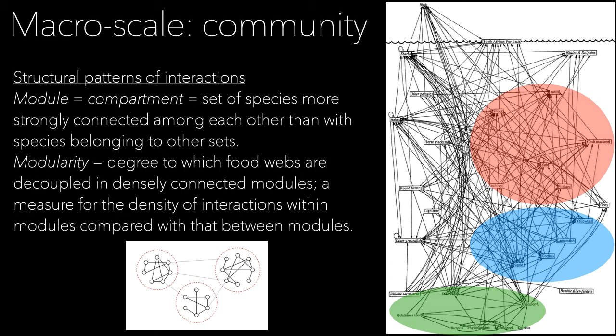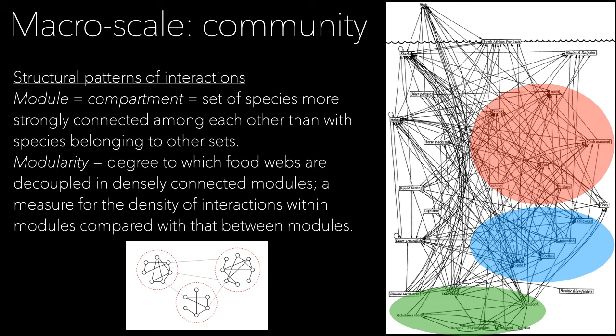This is represented here in this cartoon at the bottom left, where we can see 3 modules. Each module is characterized by a certain number of species that are really tied together. And among those, there are few species that have links with species in other modules.